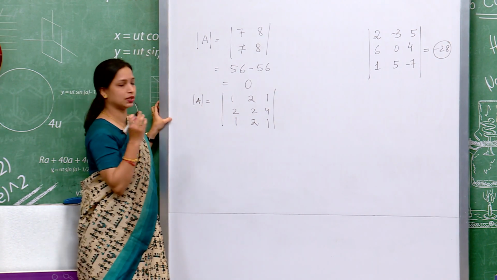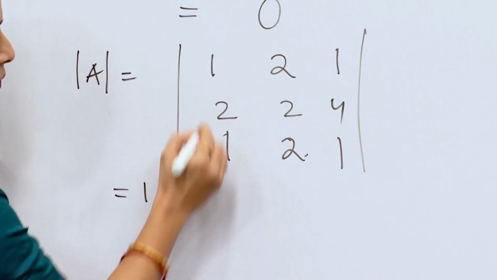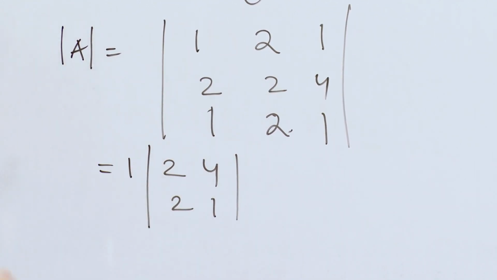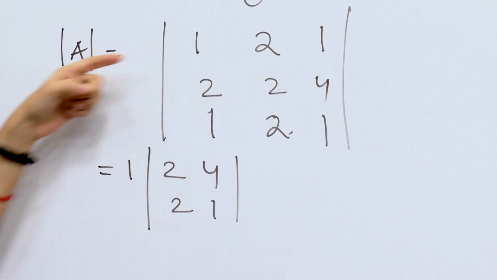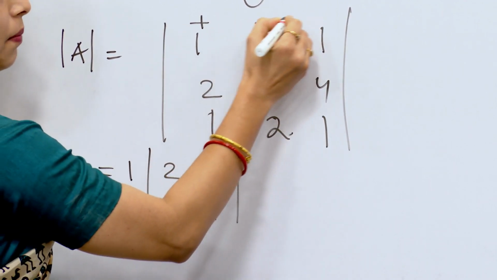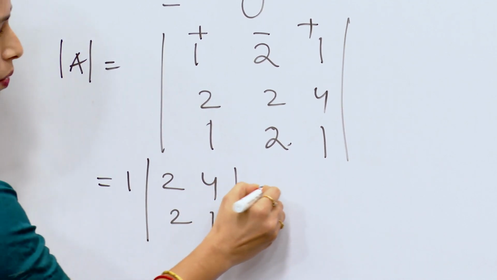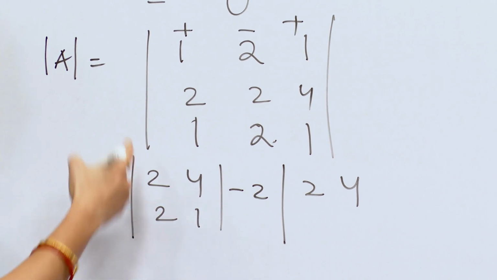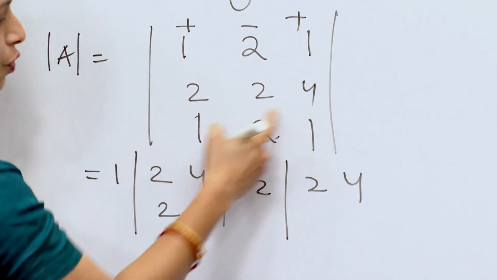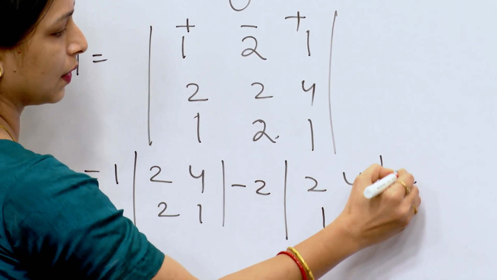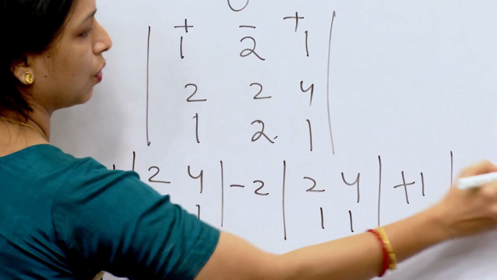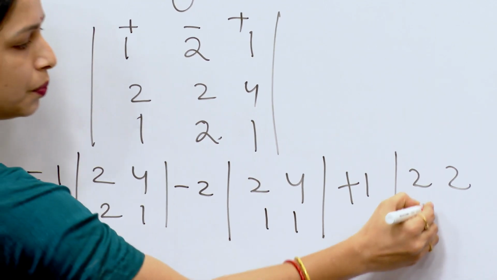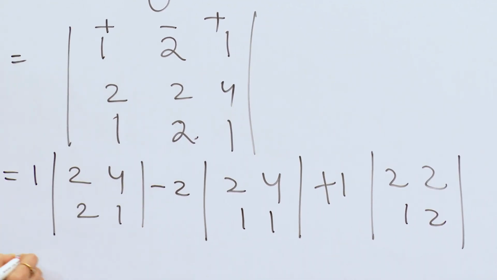Now, let us find out the determinant. We know how to find out the determinant. Let us say we are taking row 1, we are expanding it. So, the positional signs are plus, minus, plus. So, we get the second order determinant by expanding the first row elements 2, 4, 1, 1. Then again element 1 has the second order determinant as 2, 2, 1, 2, right.